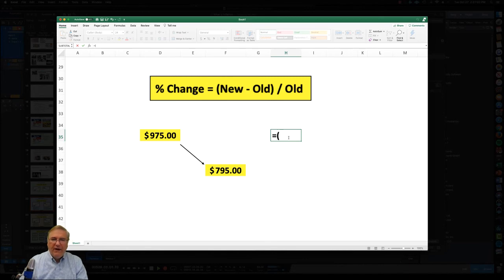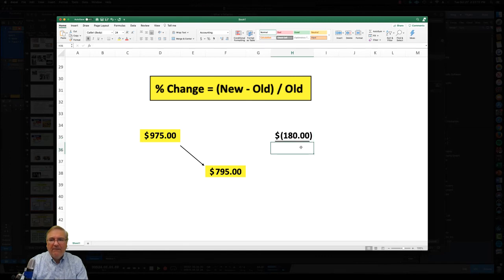Equals the new price, which is $795, minus the old price, which is $975. That's the numerator. And we have to divide that by the denominator, which is the old price, $975. Okay? So the price declines by $180.